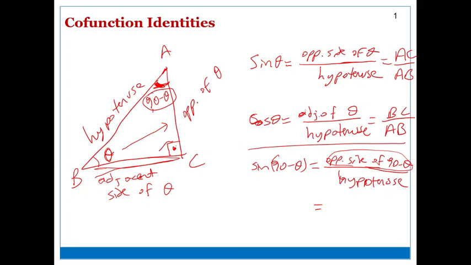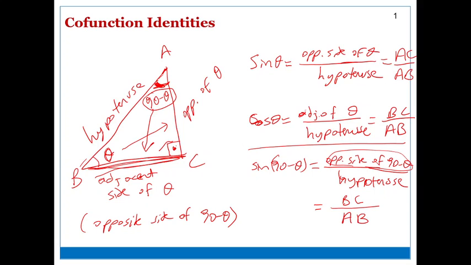This one will be BC. So it's equal to BC over the hypotenuse, which is AB. Now, if you look at what we found, BC over AB and BC over AB, it's the same. So we have cosine theta is equal to sine 90 minus theta.